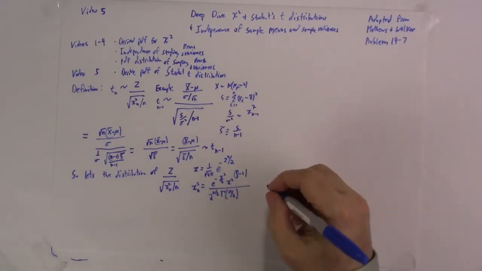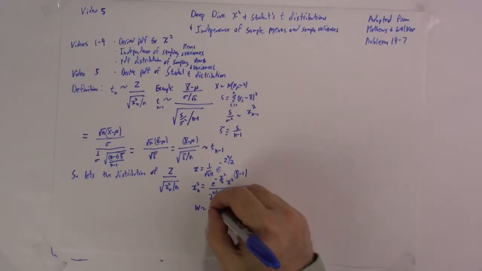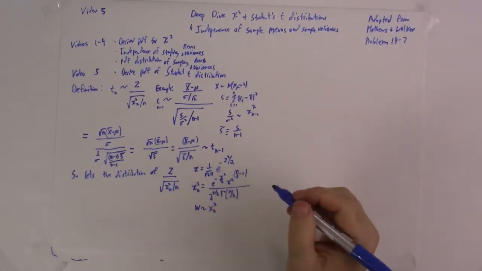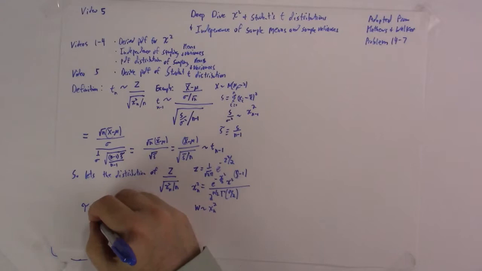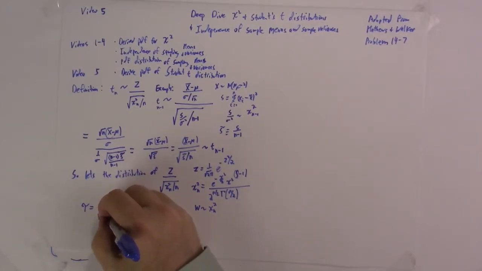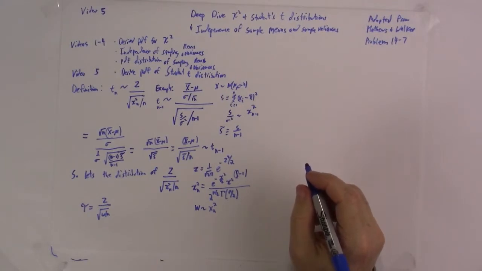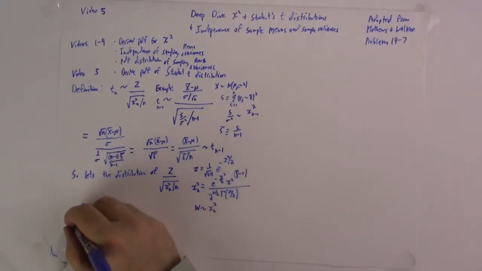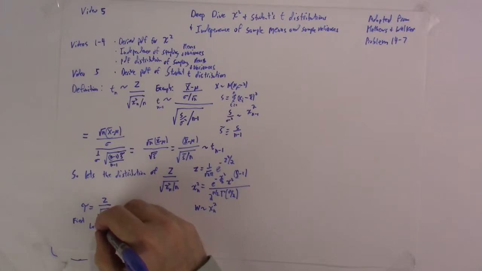Okay, and just to make it a little bit easier to write, I'm going to let w be distributed as chi-squared n, so I can write w instead of chi-squared here. And I'm going to define the variable tau equal to z over the square root of w over n. So tau is a Student's t variable. So first let's find the distribution.